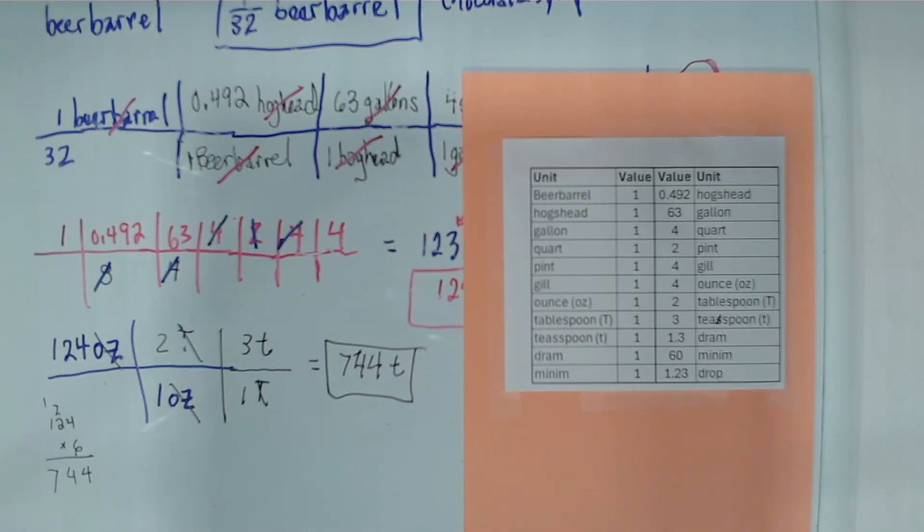So if they gave it out in teaspoons, you'd have 744, which seems like quite a lot, but a teaspoon isn't a whole lot.